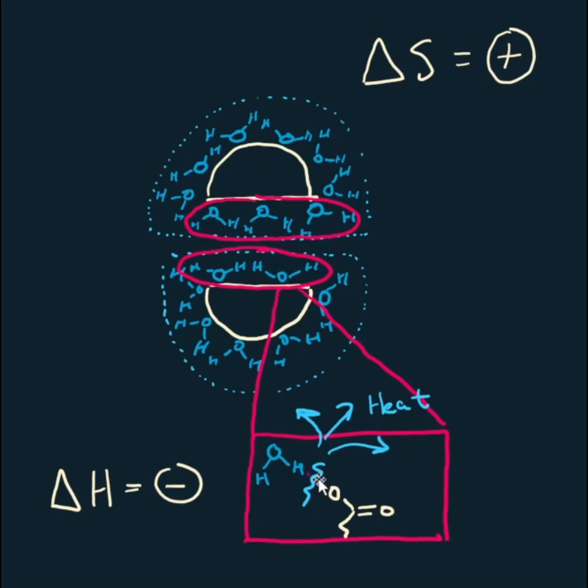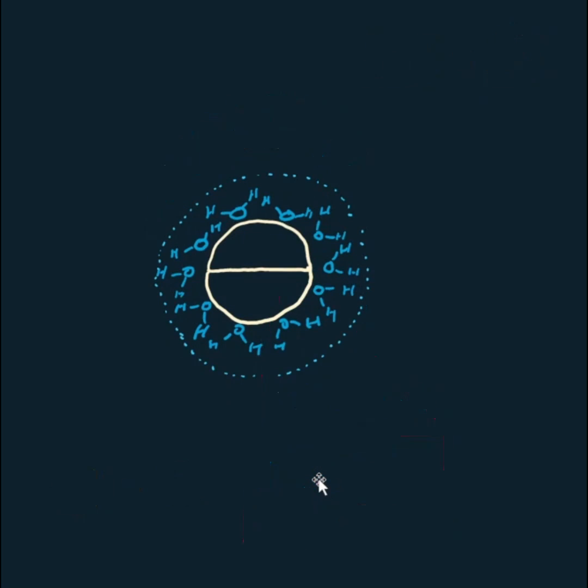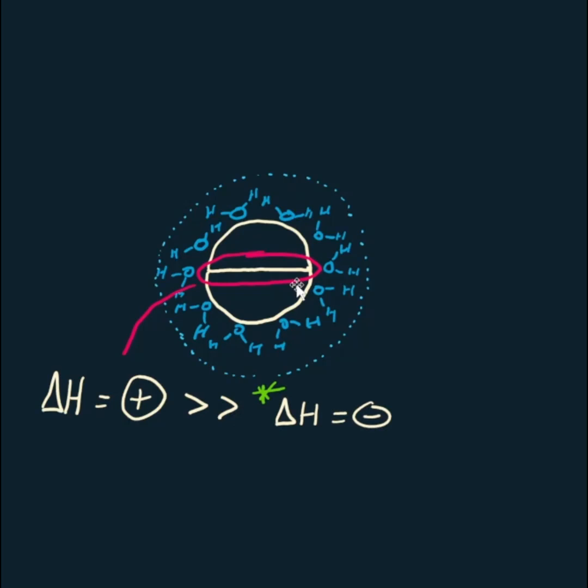And as we know, the release of heat means that delta H is negative. However, one thing to keep in mind is that when these hydrophobic groups come together, you need to create new bonds at this interface, which means that delta H is actually going to be positive, and that value is way higher than the negative delta H whenever these waters are being expelled.